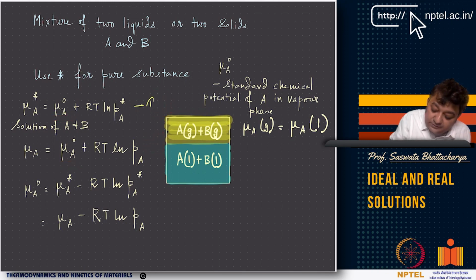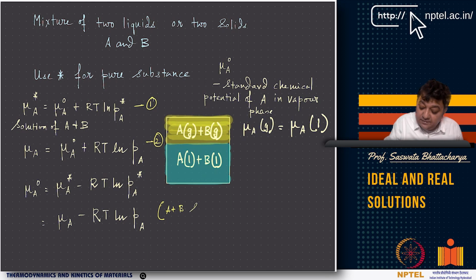From 1, mu A 0 is mu A star minus RT ln PA star, and which is equal to mu A minus RT ln PA. In this case, I am considering the A plus B solution, and in this case, I am considering pure A.